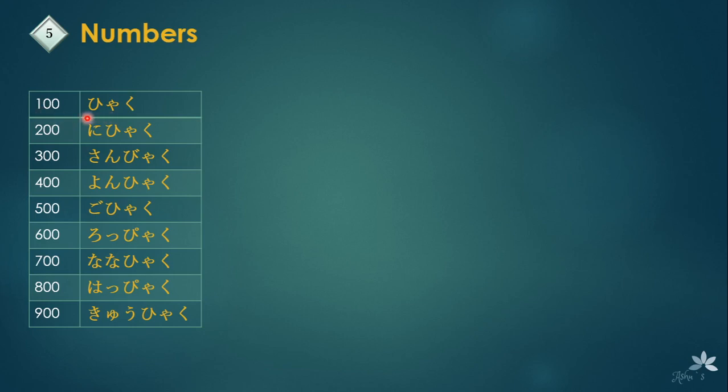So for 100, we say hyaku. 200, ni hyaku. 300, sambyaku. 400, yon hyaku. 500, go hyaku. 600, roppyaku. 700, nanahyaku. 800, happyaku. 900, kyuhyaku.